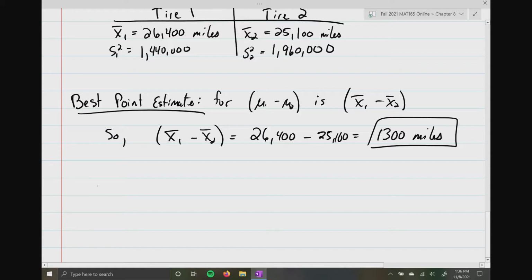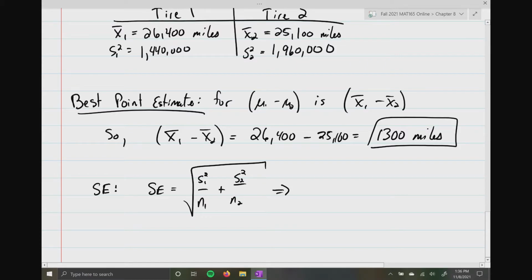Now we're going to find the standard error. So using the formula above, we know that the standard error is going to equal the square root of variance 1 over its sample size plus variance 2 over its sample size.